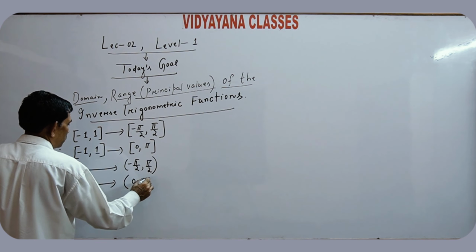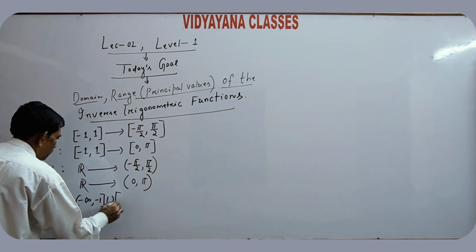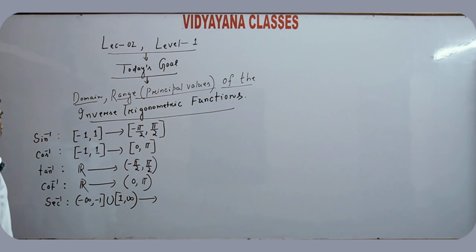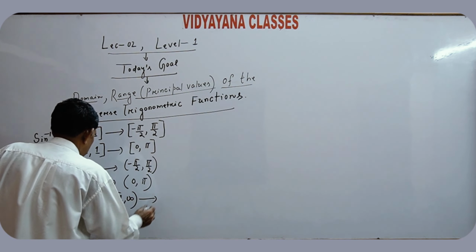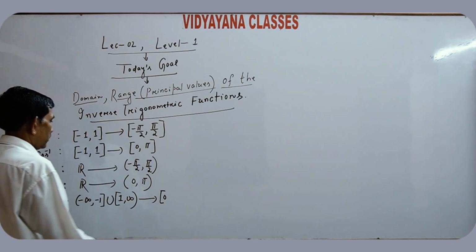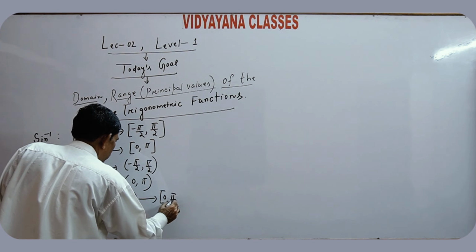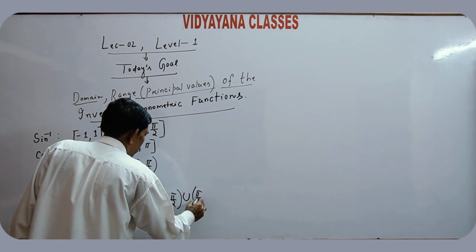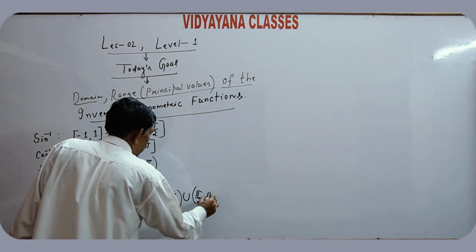Sec inverse x. Sec inverse is defined from open bracket minus infinity, minus 1, close bracket, union, close bracket 1 to infinity, to close bracket 0, pi by 2, open bracket, union, open bracket pi by 2 to pi, close bracket.